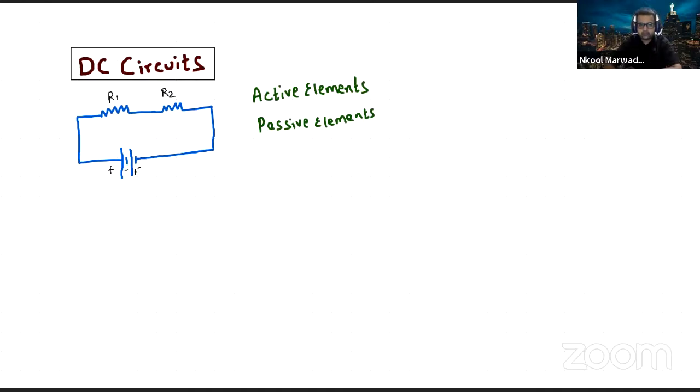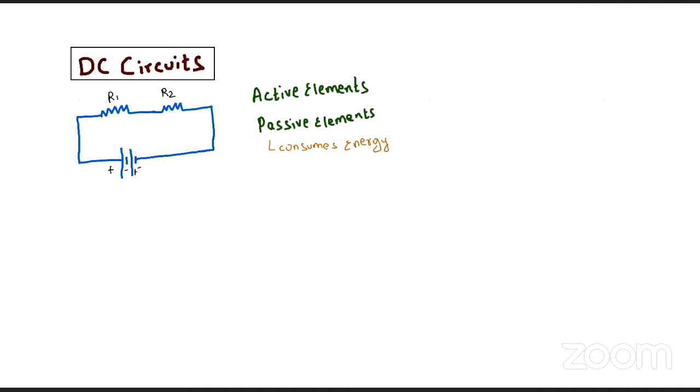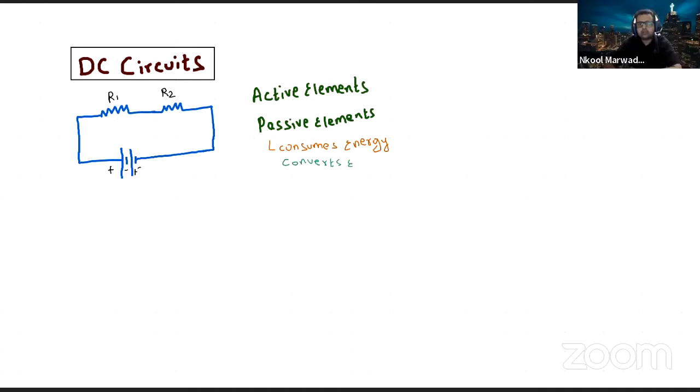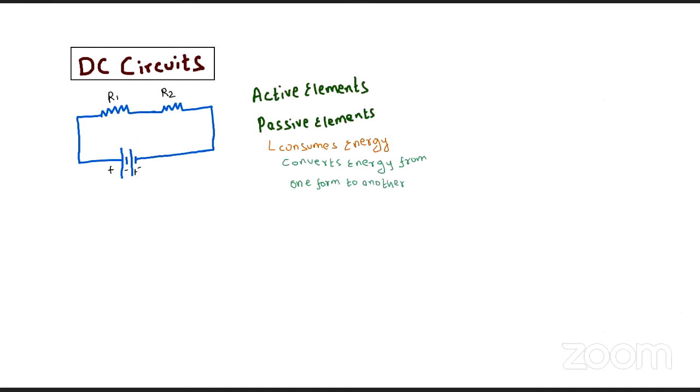So very quickly I can write: passive elements consume energy and convert energy from one form to another form. And active elements supply the energy.